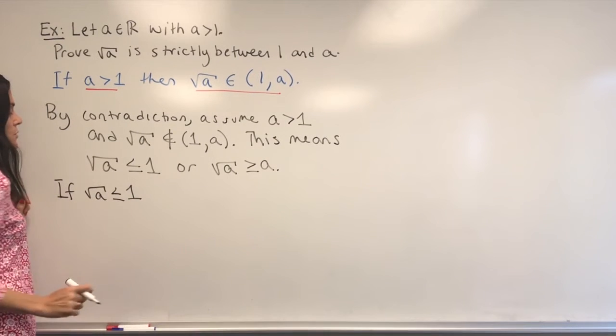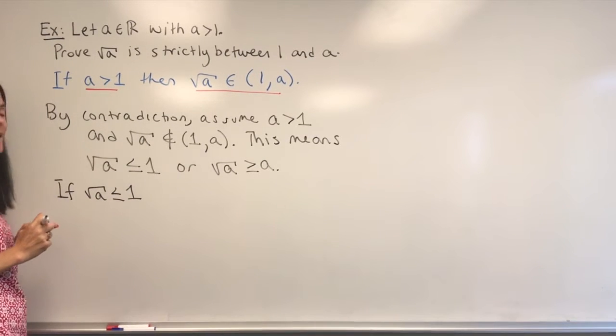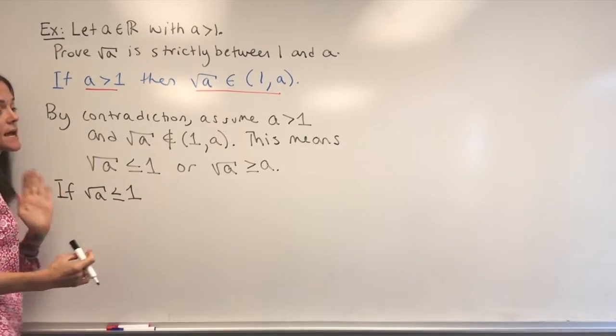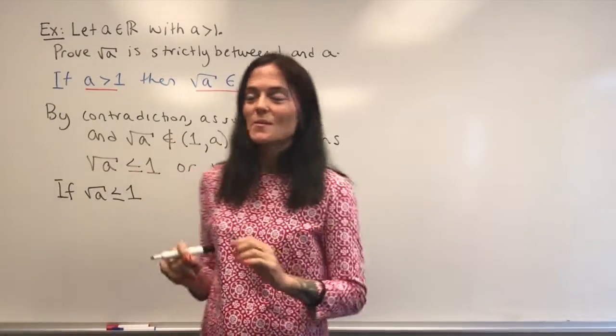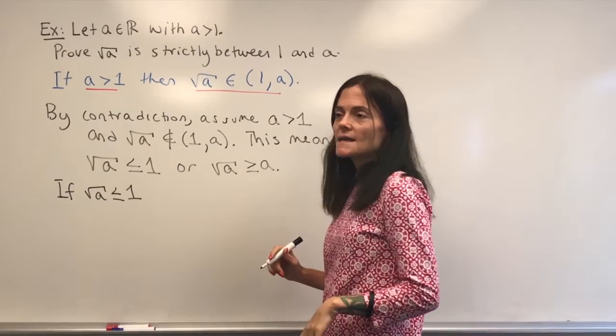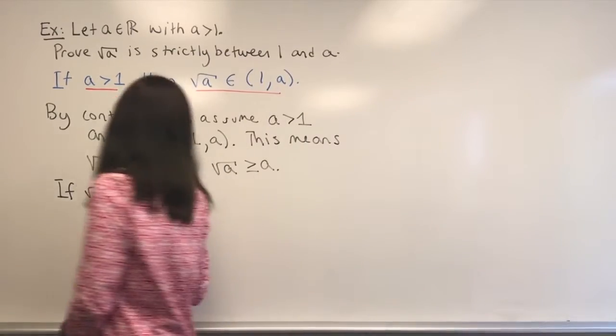Okay, so if the square root of A is less than or equal to 1, I can multiply both sides of the inequality with a positive number, and it does not change the less than or equal to.